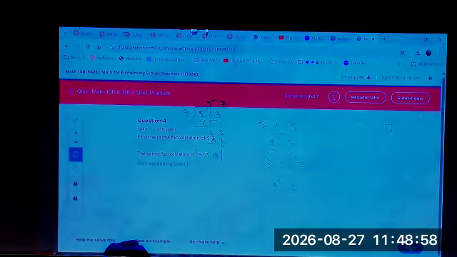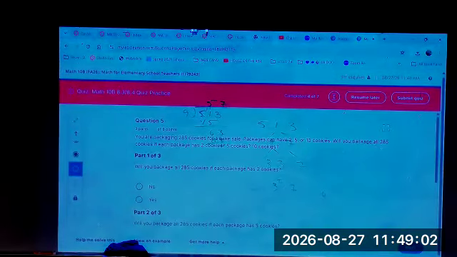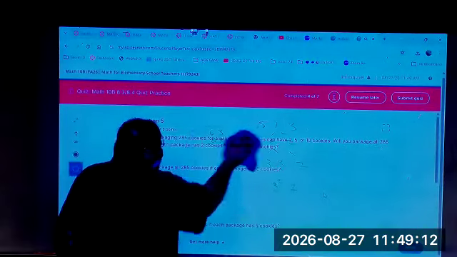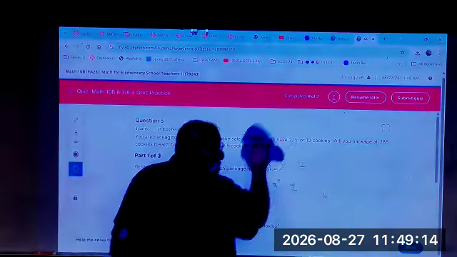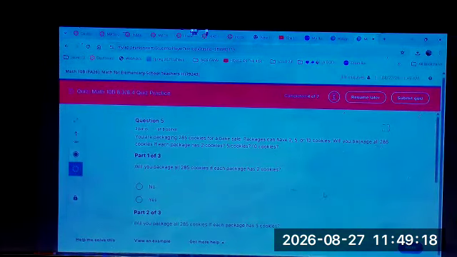And I go to the next one. We are packaging 285 cookies for a bake sale. Packages can have 2, 5, or 10 cookies.